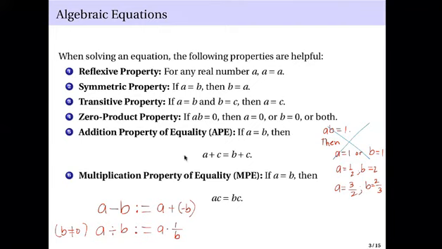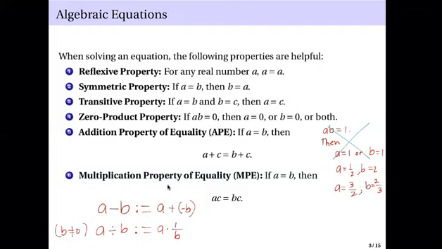That's the reason why we don't have additional names like the subtraction property of equality and the division property of equality, because the subtraction property of equality is already under the addition property of equality, and the division property of equality is already inside the multiplication property of equality.